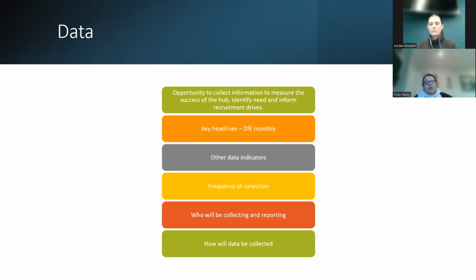So that key data indicator of 20% increases is set for us by the Department for Education. We also want to look at an inquiry to approval conversion rate and monitor that. Inquiry to application conversion rate, our speed in responding to initial inquiries, and those inquiries that go through our system and are progressed to a local authority within 1 working day.